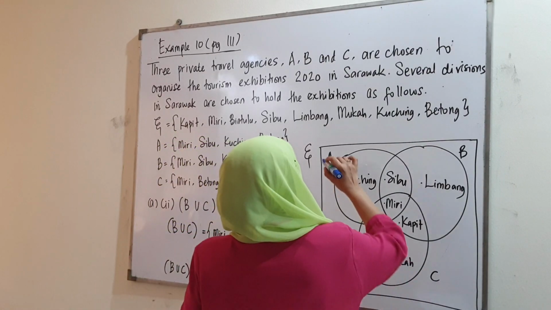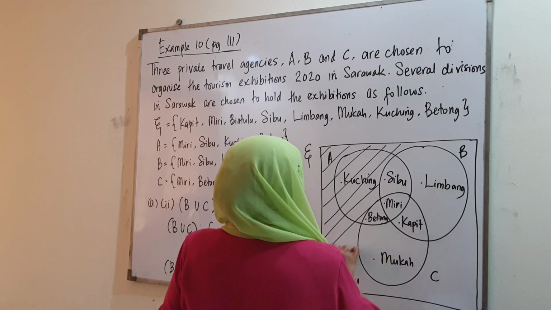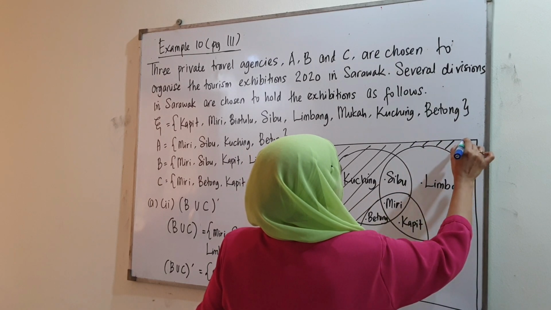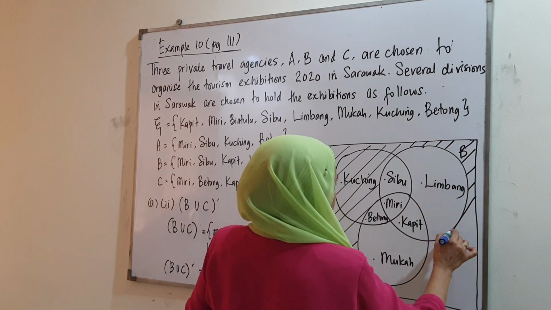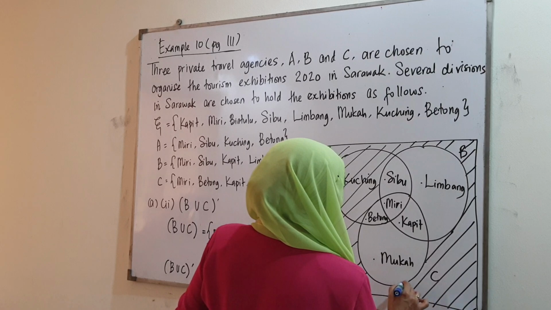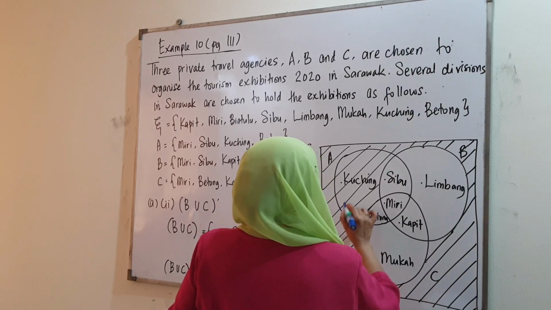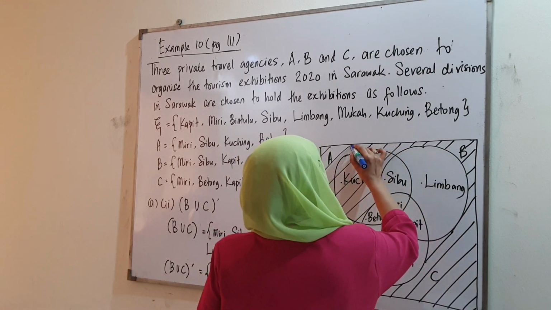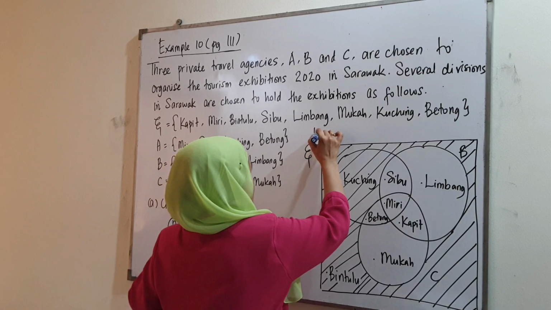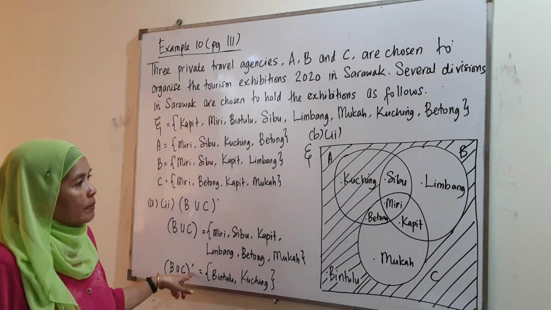This is the answer for B2, the Venn diagram for B union C complement.